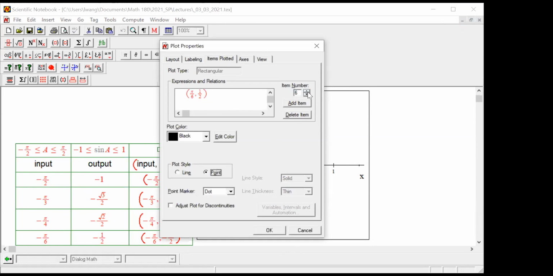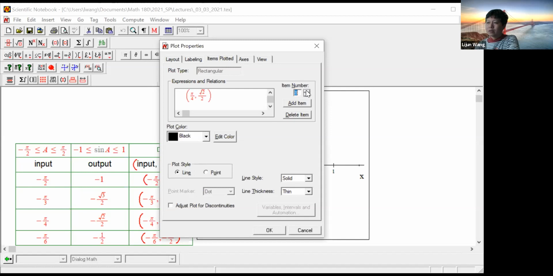Isn't the negative pi over 4 negative 1 over square root of 2 for the output? Did I miss that? This version is just so that the square root isn't on the bottom. So it's been multiplied by the square root of 2. Right, it's being rationalized. Okay. Same number.